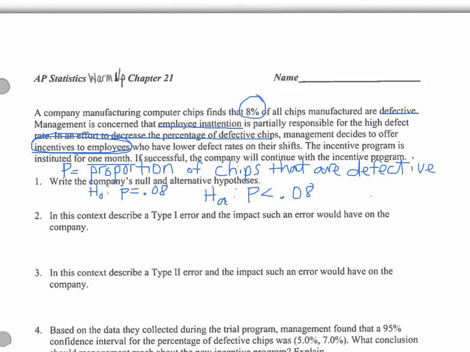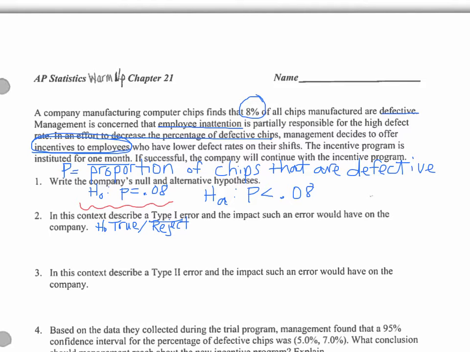All right. So in this context, describe a type 1 error. Okay, so type 1 error. If the null is really true, but you find a sample that causes you to reject the null, that's a type 1 error. So let's see. You would then say that the proportion is maintaining at 8%.